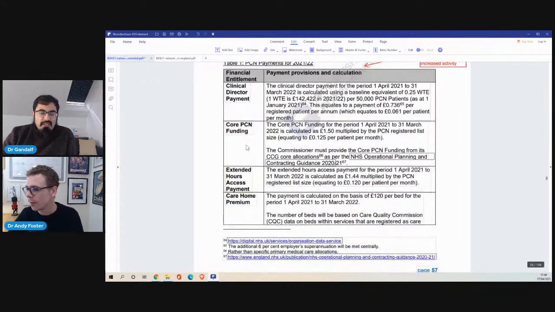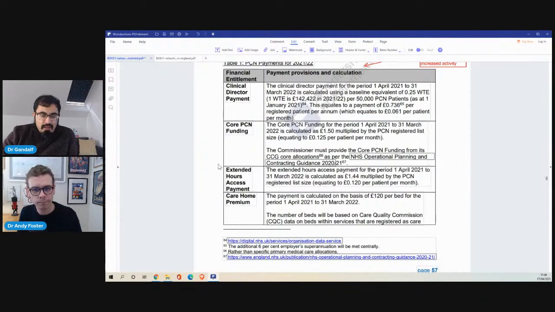The extended hours access payments confirm the payments of the original extended hours that were put into the GMS funding, but also the additional amount that comes to the network to provide the 30 minutes per 1,000 patients that practices have been doing since the inception of the DES itself.